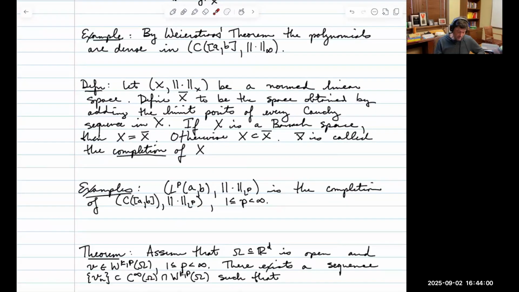Let X be a normed linear space. This is the space and this is its norm. Define X bar to be the space obtained by adding the limit points of every Cauchy sequence in X. So this space may or may not be complete, but I can certainly construct Cauchy sequences from that space.